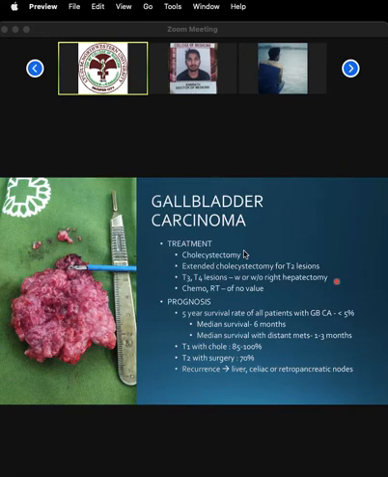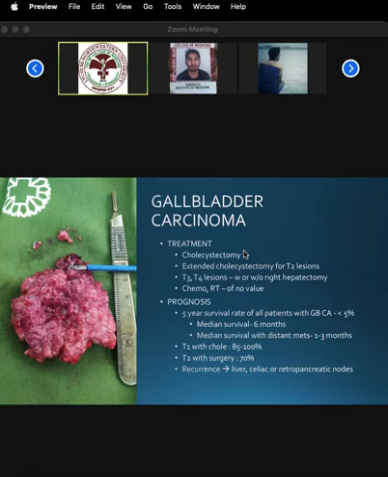But most of the time, when we encounter our T3 and T4 lesions, we already have metastases to other sites inside the peritoneal cavity. Now remember that chemotherapy and radiotherapy are of no value in patients with gallbladder carcinoma. Okay?